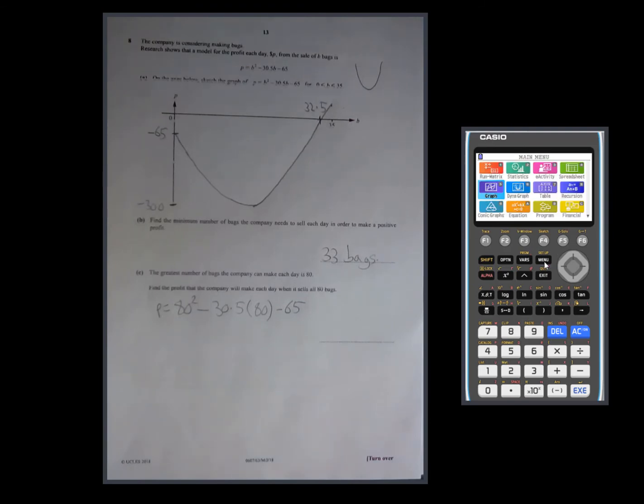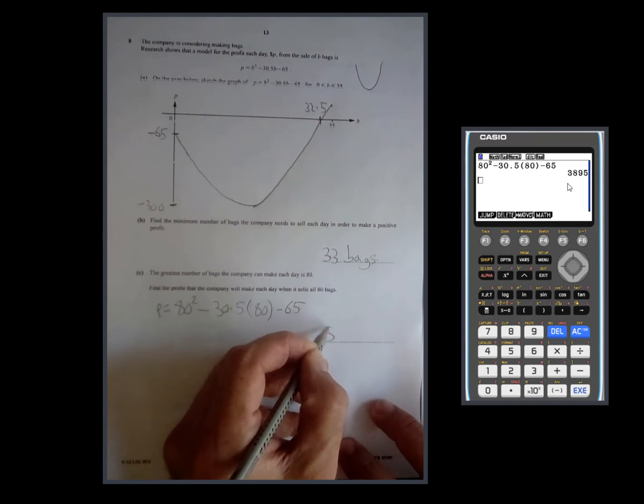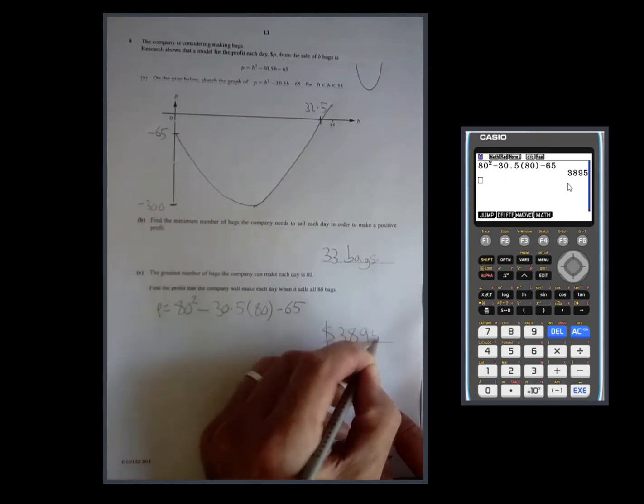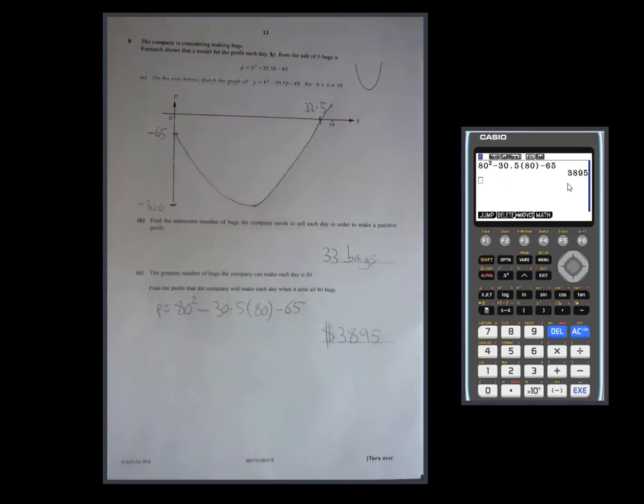So we go to the calculator. 80 squared minus 30.5 times 80 minus 65. And that gives us a profit of $3,895. So that is number 8.